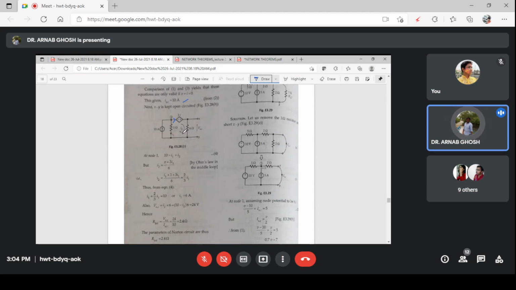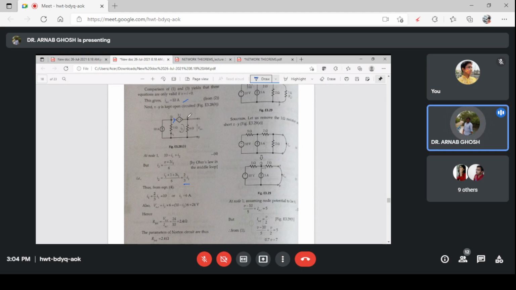And I2 is 10 minus I1. If you put the KVL in the middle loop equation, you get VOC as 24 volt. That is 6 into I2. I2 has come out to be 10 minus I1, that is 4 ampere.